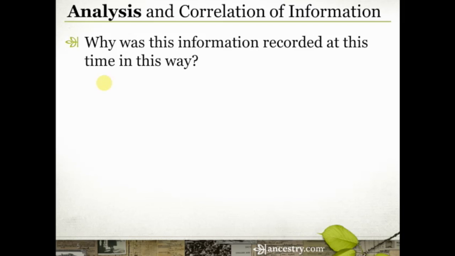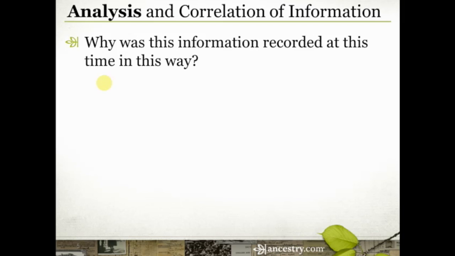Well, it was created because it's constitutionally required here in the United States that we enumerate everybody in the country every 10 years. And the questions that are included on each census are determined by the government, and they're different every time. There are some standard pieces of information that are recorded, but a lot of that changes from census to census.